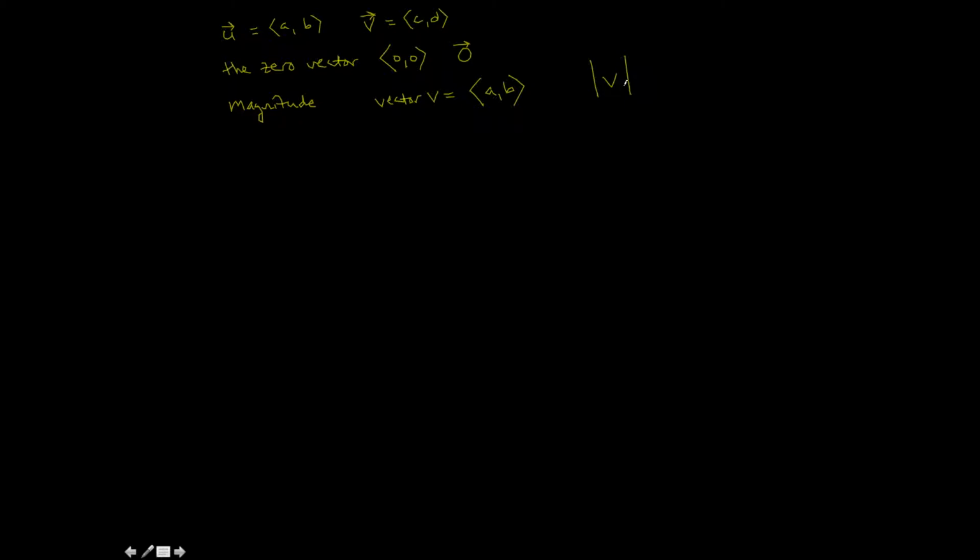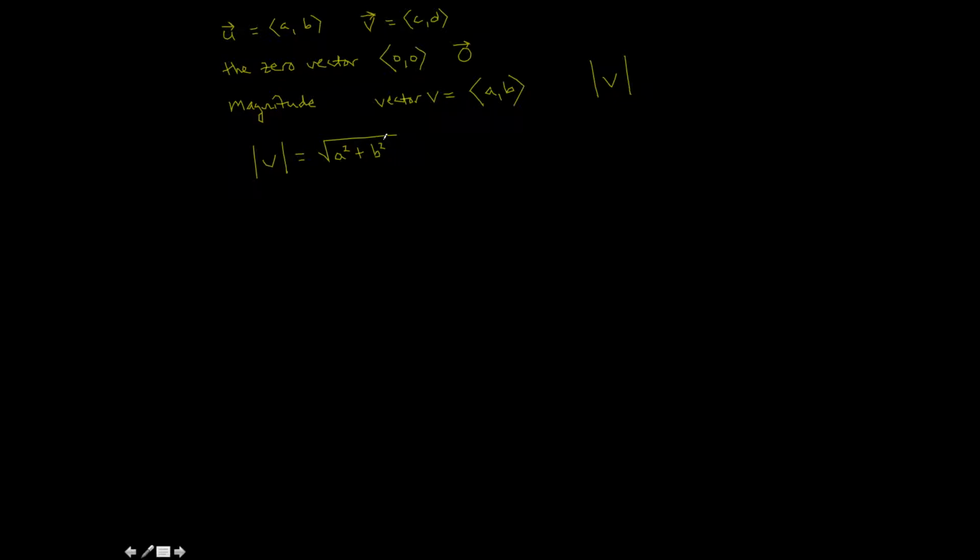Now your question should be, how do we get that? Well, the absolute value of v equals the square root of a squared plus b squared. So that's how we get it.